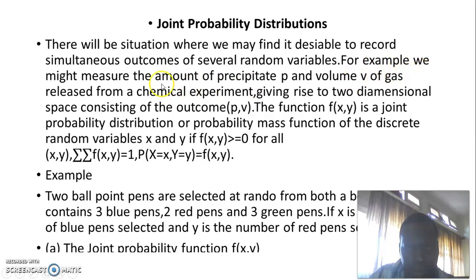For example, we might measure the amount of precipitate and volume of gas released from a chemical experiment, giving rise to a two-dimensional space consisting of the outcome PV.